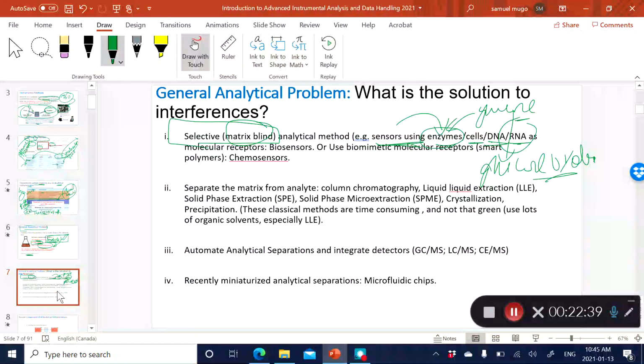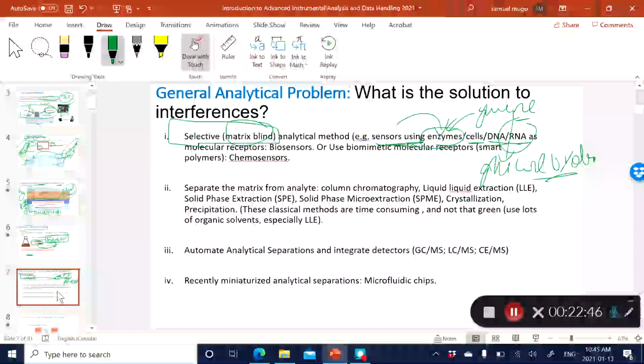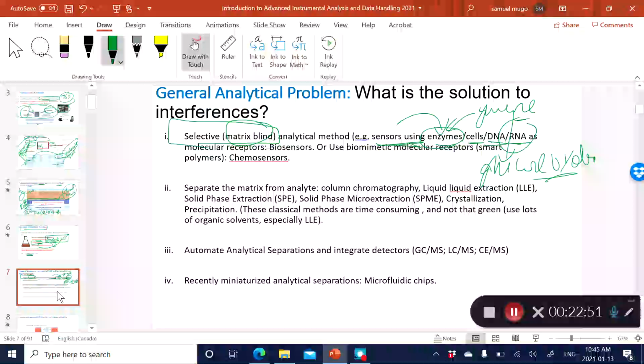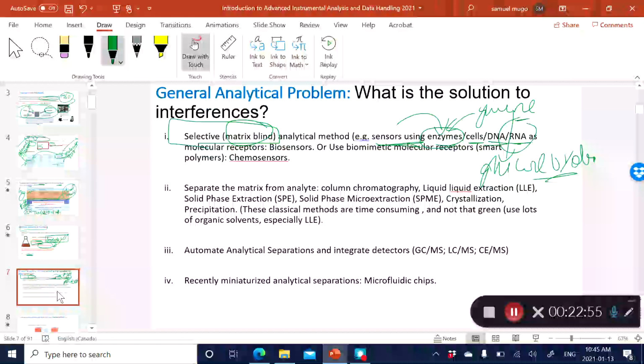Based on that, you can capture the virus. And then we're going to talk about later, in the instrumental methods, finding a way to quantify the chemical that is captured and hopefully get an electrical signal out of it, okay?